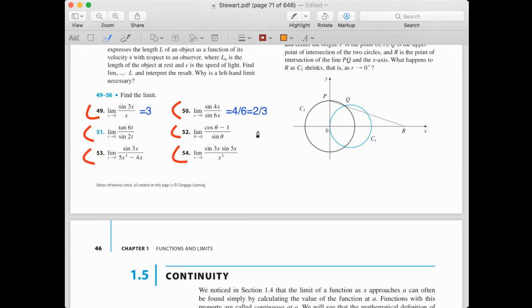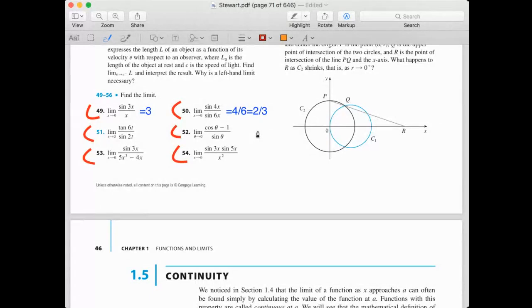I'm totally confused. What do you mean you multiply by 2 over 3? So after you multiply the original fraction, sine 4x over sine 6x, by 4 times 6x, both numerator and denominator, you get 4 over 6 times sine 4x over 4x times 6x over sine 6x.